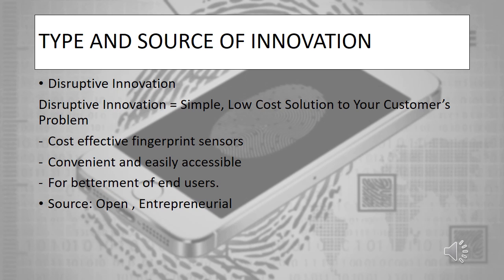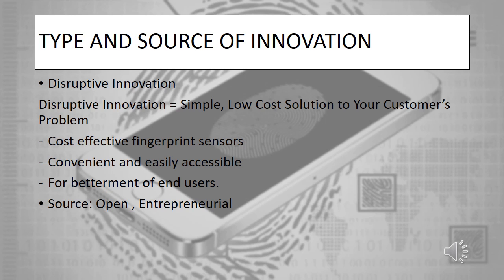It can be said that the source of innovation can be entrepreneurial or open. It can be entrepreneurial since this idea has been executed on an entrepreneurial basis and is designed around social value, to help end users secure the phone, rather than financial value, since the fingerprint scanners are not that expensive.